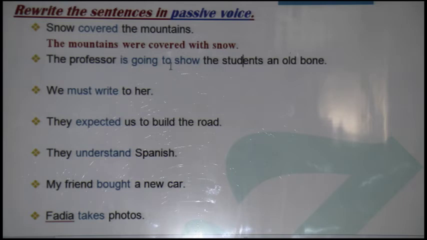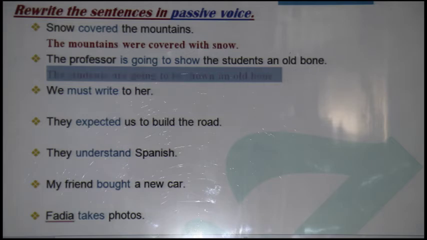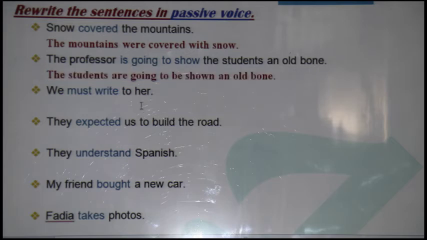After to, the base form of verb to be. The students are going to be, show, showed, shown. The students are going to be shown an old bone by the professor. So as I told you, we can drop the subject. We must write to her.